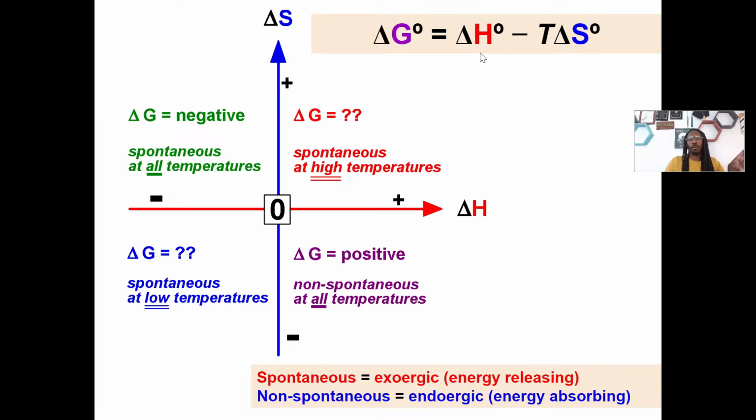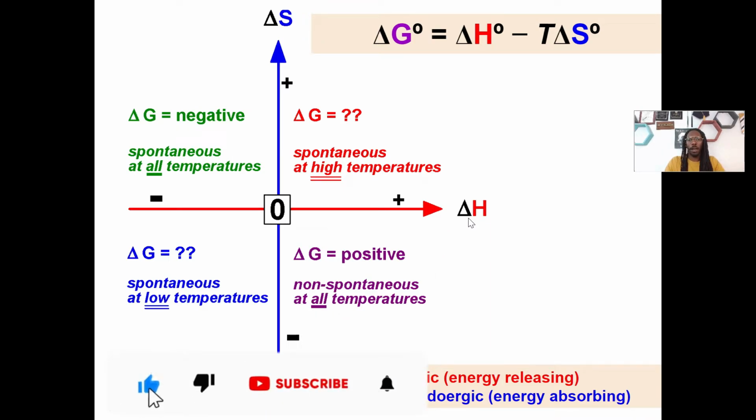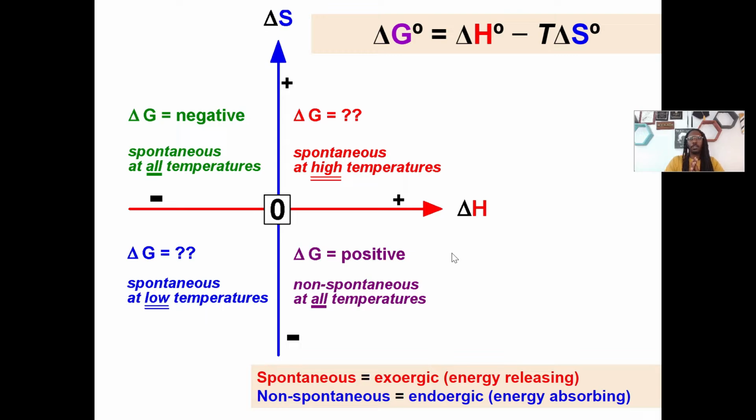So in this case, it's going to give you a positive value for delta G. Our delta G is always going to be positive for all temperatures. It doesn't matter the temperature. If your delta H is positive and you've got a negative value for your entropy, it's always going to be positive.